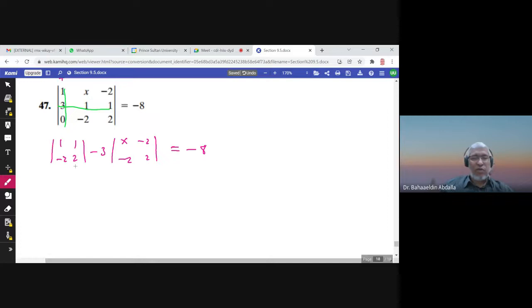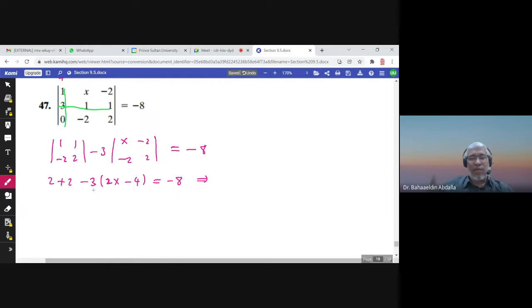So here 2 minus negative 2, so plus 2. Then minus 3 times 2x minus negative 2 times negative 2 is 4 equals negative 8. This is 4 if you take it to the other side.